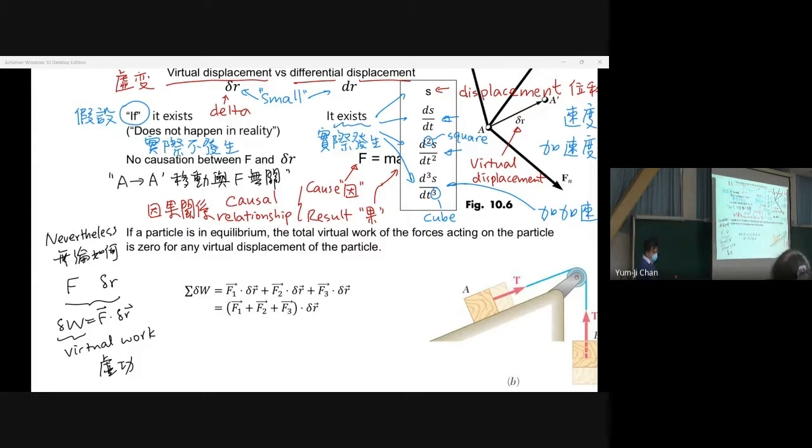Now, let's consider a mass, a particle, having three forces acting on it, say F1, F2 and F3.